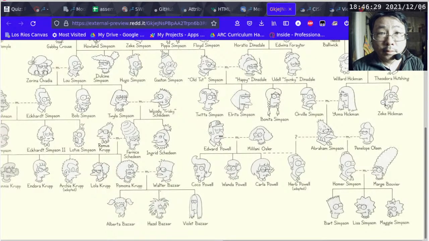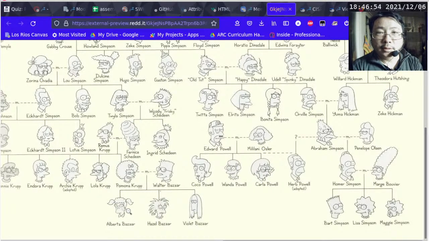Every new addition on this tree, both Lisa and Bart share. But if you look at someone on the other tree, like Alberta, you go up to Pomona, they don't share. Somewhere up the tree they share one ancestor, but the other ancestor out of the mating pair, they don't share.